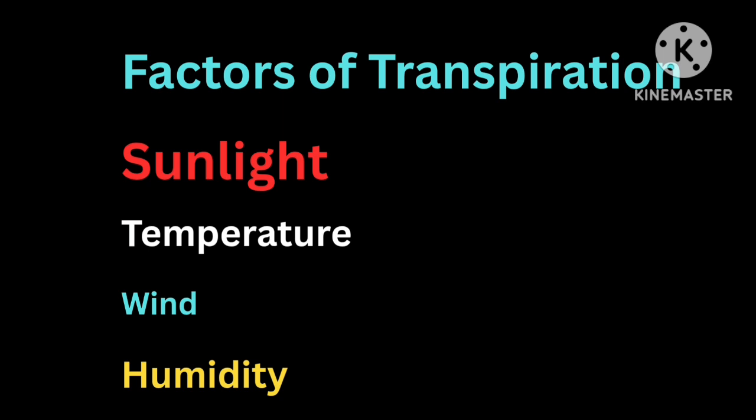During night, stomata are closed, so transpiration hardly occurs. What is stomata? Stomata are holes in the leaves of the plant through which they absorb carbon dioxide during photosynthesis, and they also absorb oxygen during respiration.